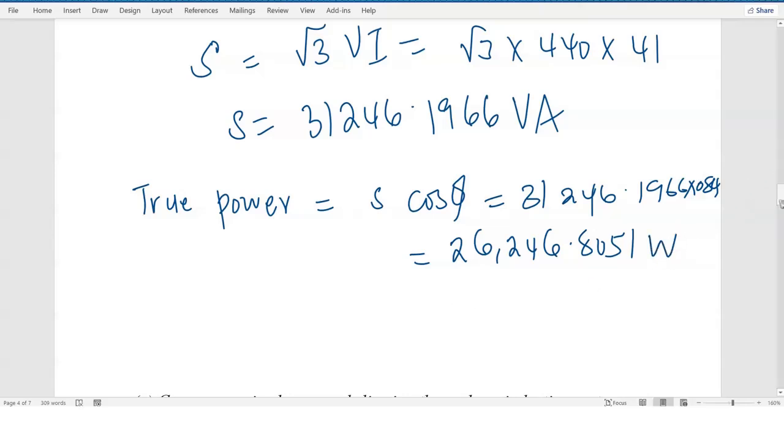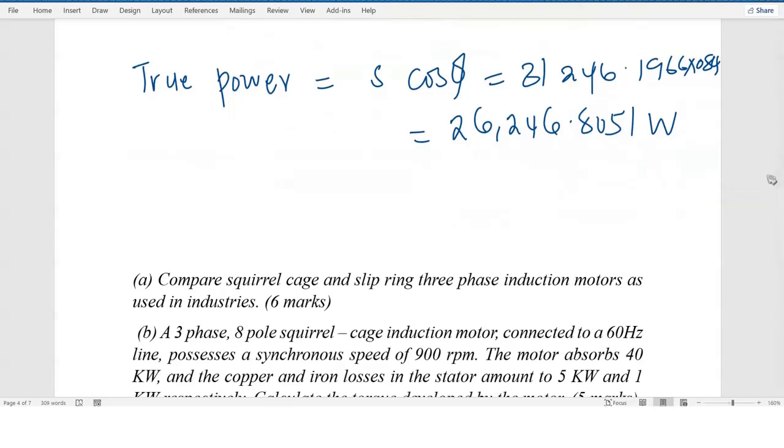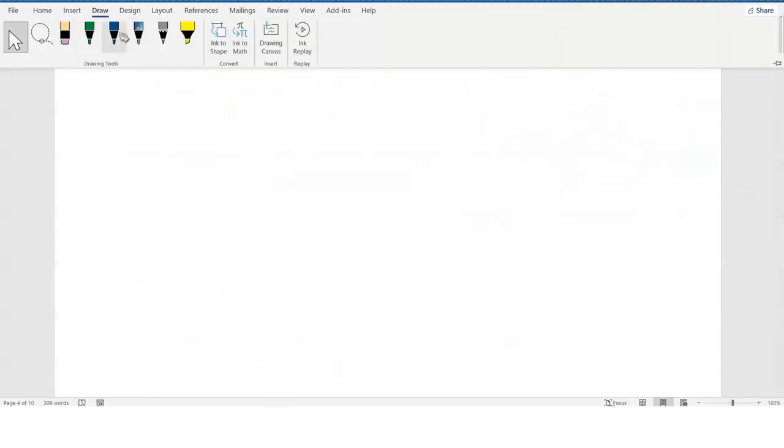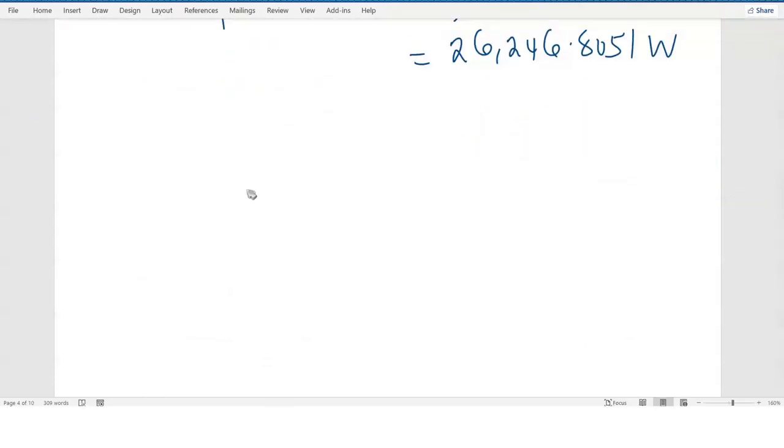Since this is the active power, it is measured in watts. So what happens after getting the true power? We need to get the reactive power, because it is this reactive power that tells us how much capacitance is required.